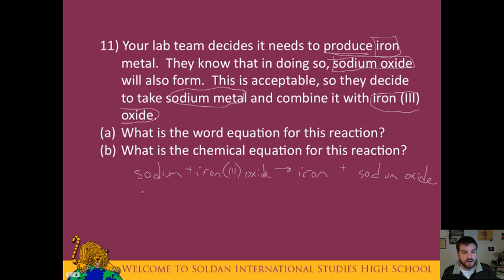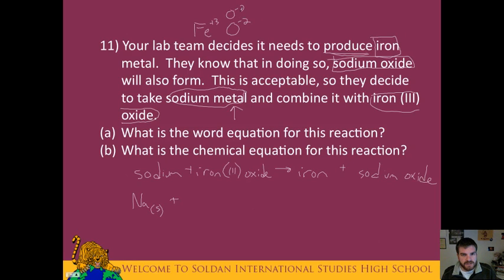So then the chemical equation. Sodium is, as we can see here, a metal, and it's just an element symbol, Na. It is not diatomic, so we can just write it as Na. Iron 3 oxide, this means iron has a +3 charge, so I'm going to do some scratch work up here. Iron with a +3, oxygen with a -2.